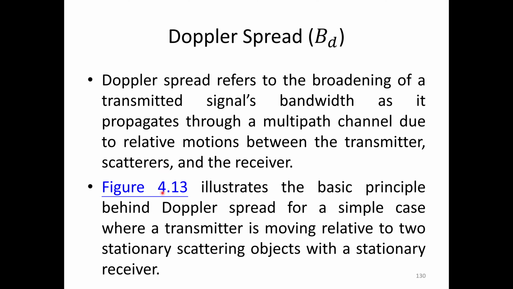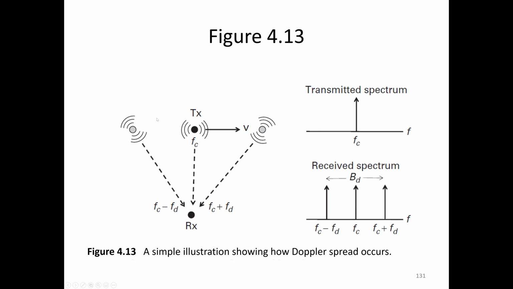Okay, figure 4.13 illustrates the basic principle behind Doppler spread, for a simple case where a transmitter is moving relative to two stationary scattering objects with a stationary receiver. Let us see figure 4.13. It is a simple illustration showing how Doppler spread occurs.